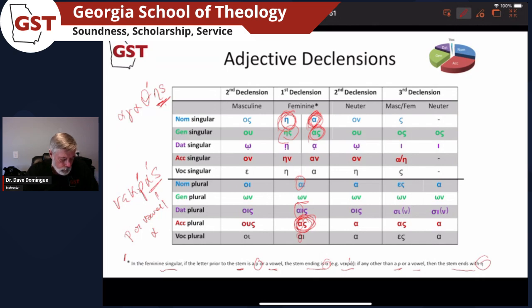Number seven, the one article governs two nouns. So when one article can govern two nouns, for example, look at the end of Titus 2:13, tou megalou theou kai soteros hemon Iesou Christou. That is the great God and Savior, our great God and our Savior, Jesus Christ.